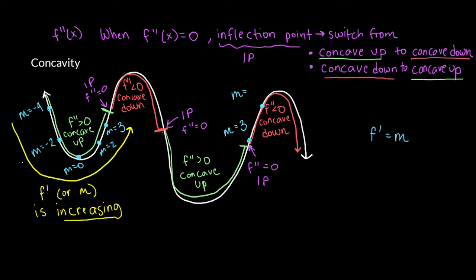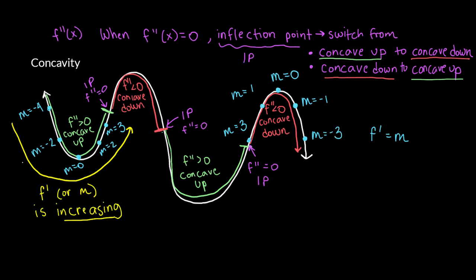So we're going to say the slope there is 1. At the local max here, the slope is 0. And then here the slope is negative. Let's say it's -1. And then here the slope is still negative, but it's steeper, maybe -3.